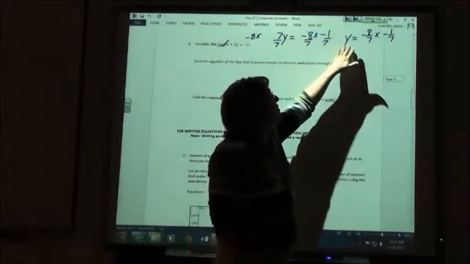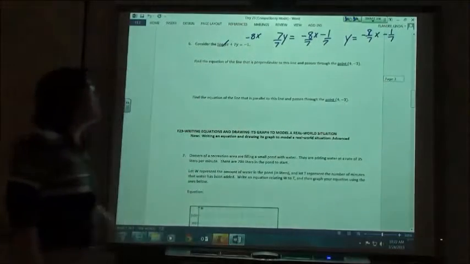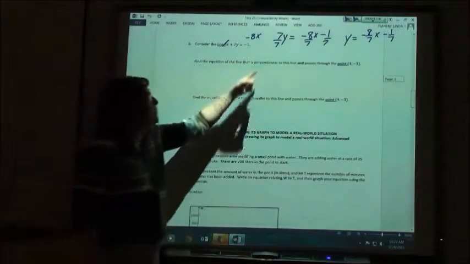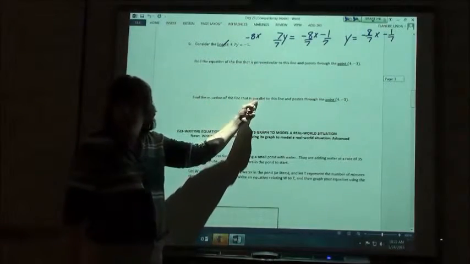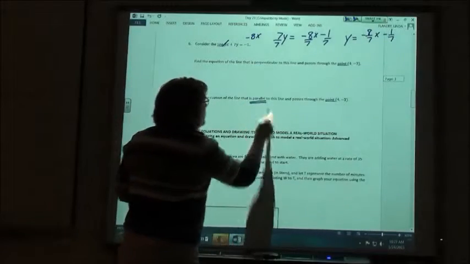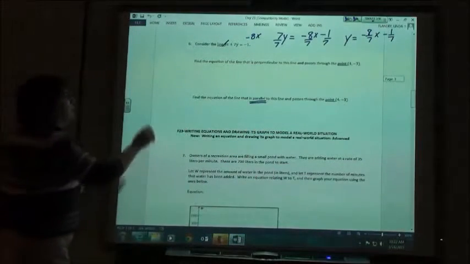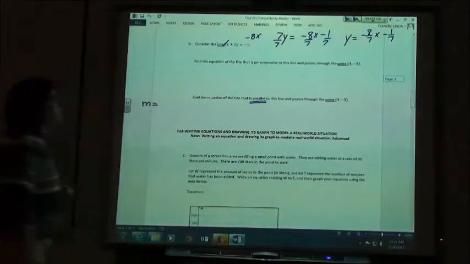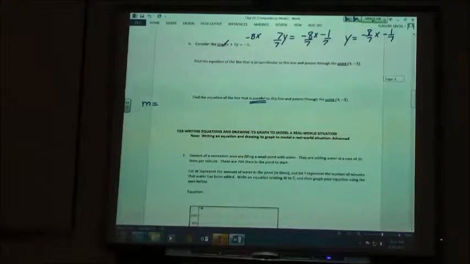So now that we have this solved for y, the next thing they did to us is, look, they did perpendicular first but parallel second. I would just hop down to the parallel one. For my parallel one, what is the m value going to be?